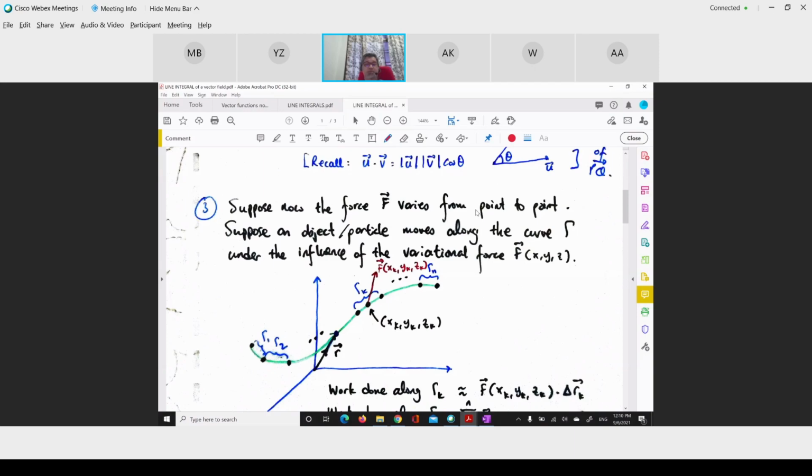The force varies from point to point, and suppose the particle moves along a curve gamma under the influence of the varying force F. What is the total work done in moving the particle from the initial position to the last position, where the force is varying from point to point?